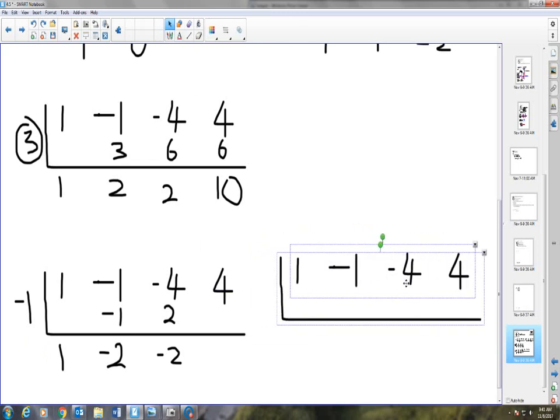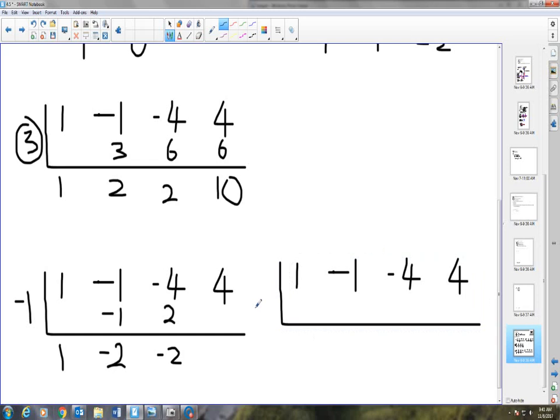Now I'm going to try another integer, negative 2, the next one to the left of negative 1. If I multiply, that's negative 2. This gives me negative 3. Negative 2 times negative 3 is positive 6. When I add them up, that will be a positive 2.